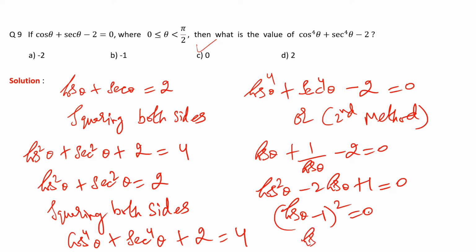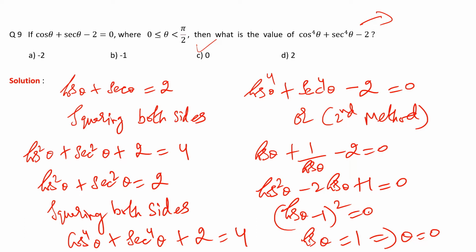And if cos theta is equal to 1, then this means theta is how much? Theta is going to be 0. Fine, because interval is closed 0 to open pi by 2. So there is only one value of theta that will satisfy this equation. So now just put this theta equal to 0 in the given expression. So it becomes how much?